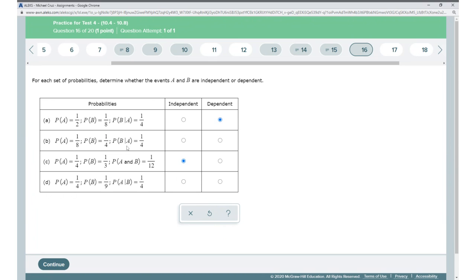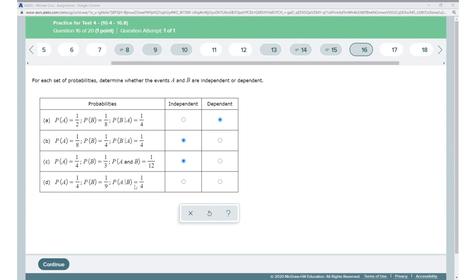So here's another one. The probability of B given A is equal to 1/4, and it's also equal to the probability of B, so these are independent. Now here's the one where it's flipped around backwards. The probability of A given B is equal to 1/4, and the probability of A is also 1/4.